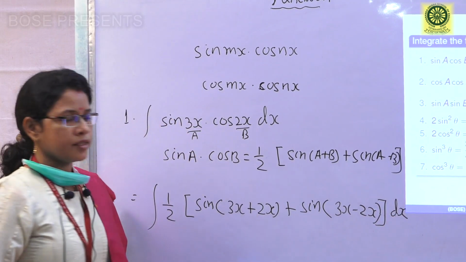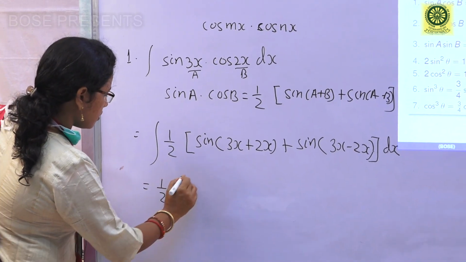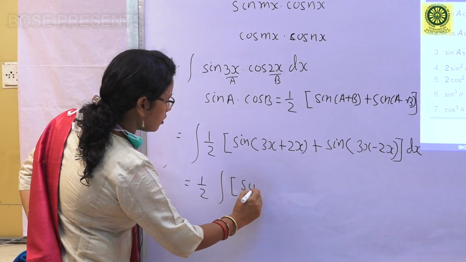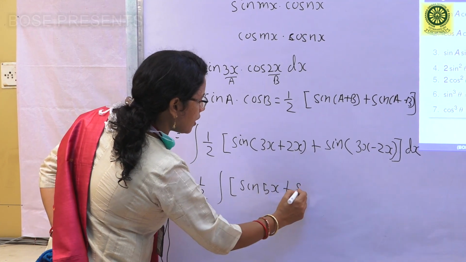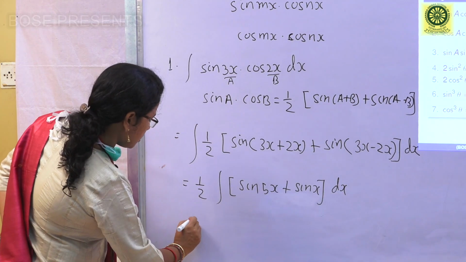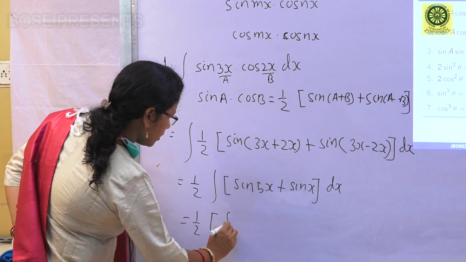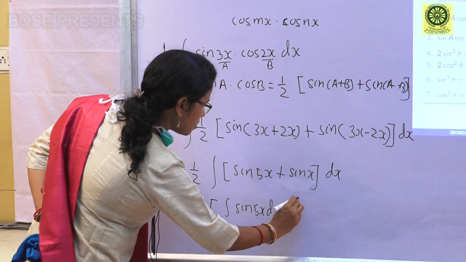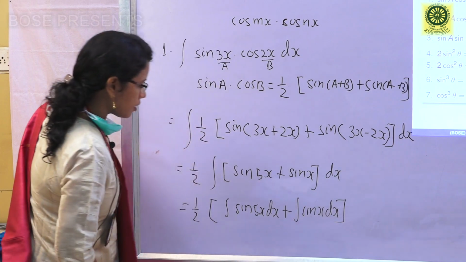Then we have to integrate this with respect to x. Now just simplify this. By taking 1 by 2 out of the integral, you have the integral of sin 5x plus sin x with respect to x. Integrating this separately, we have the integral of sin 5x with respect to x plus the integral of sin x with respect to x.